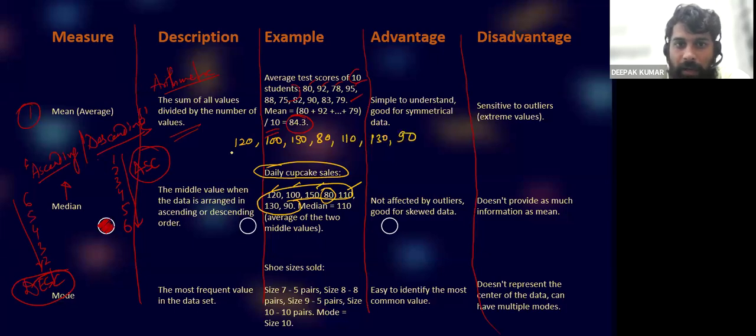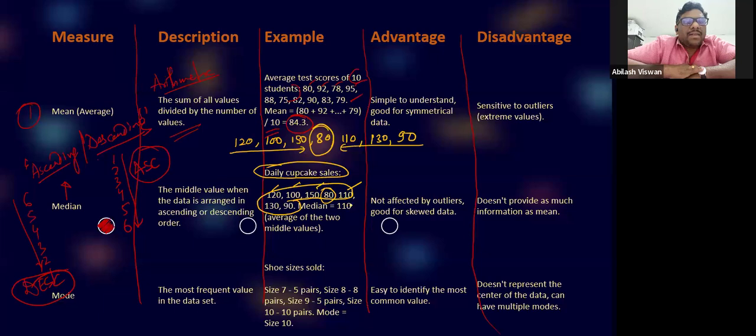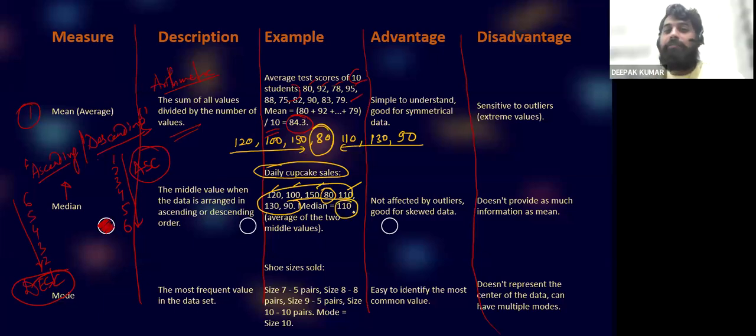You need to find the middle value. If you find the middle value moving from both ends of this list, the middle value appears to be 80, but the answer is 110. Why? Give me an answer. Why is the answer 110?